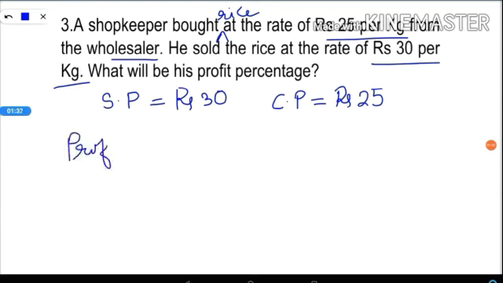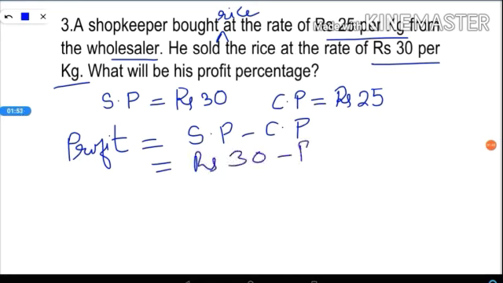Now, write the formula for profit, that is selling price minus cost price. Here, selling price is more than the cost price. Substitute the values. 30 rupees minus 25 rupees, which is equal to 5 rupees. Therefore, the profit is 5 rupees.